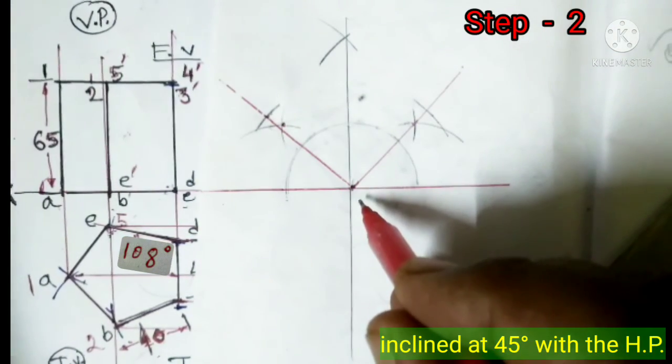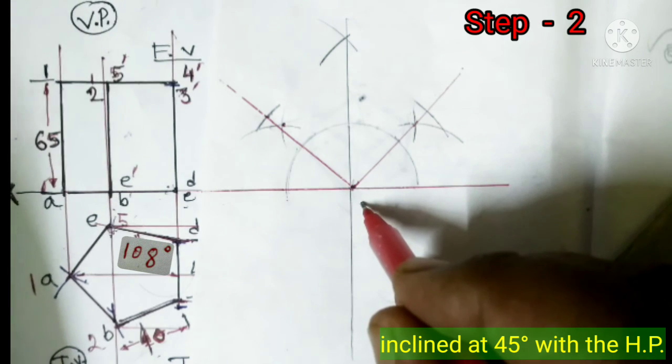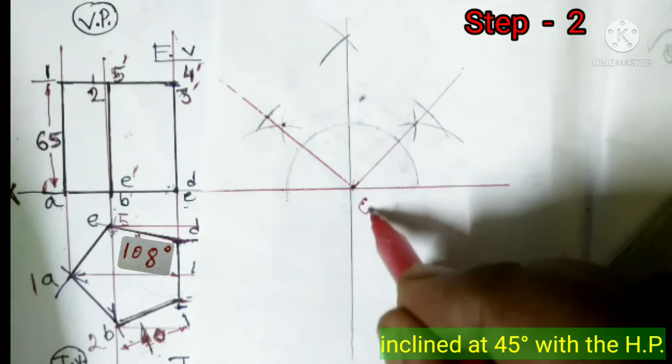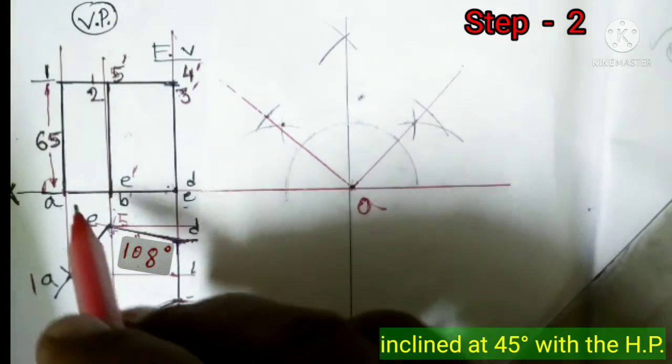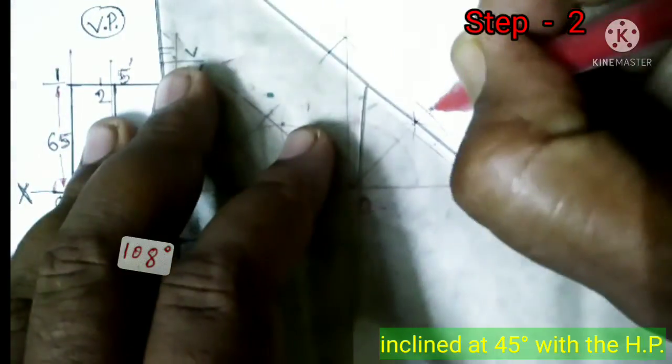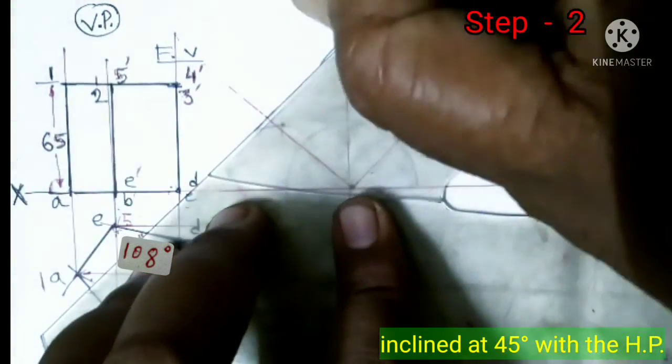Give the name A to this center point, because we consider this point as the resting point at the corner of this pentagon. Now draw the front view.